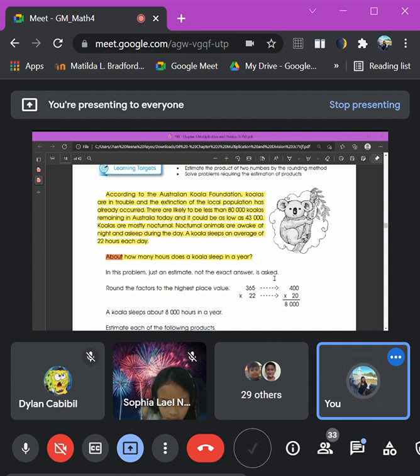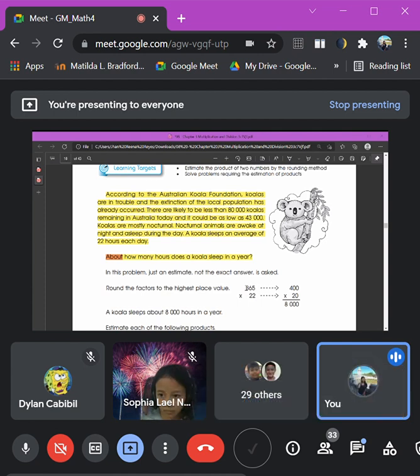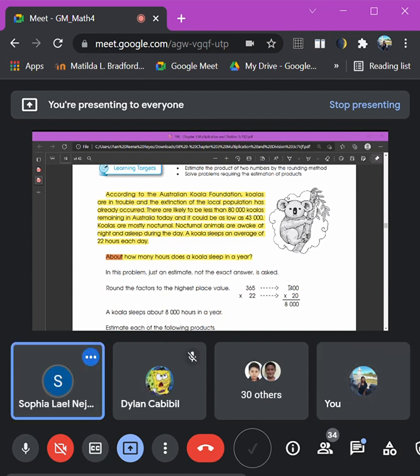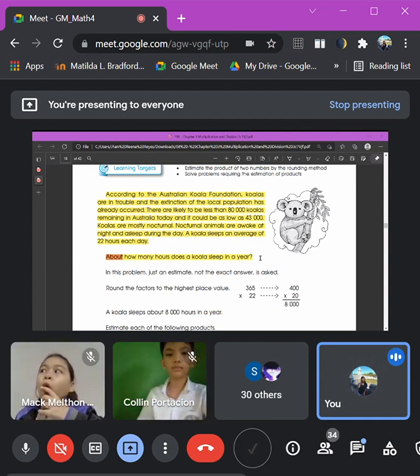But if it is 1, 2, 3, or 4, we are going to round down, so we change the lower place values to 0. So we have here 365, what is the number to its right, class? 6. Very good. So, do we round up or round down? Okay, round up. So that's why we have here 400.